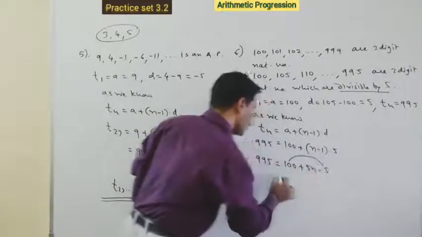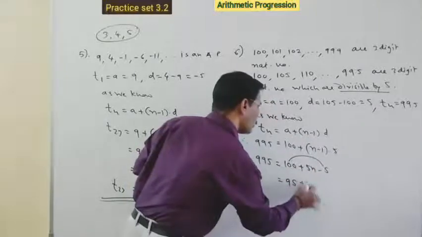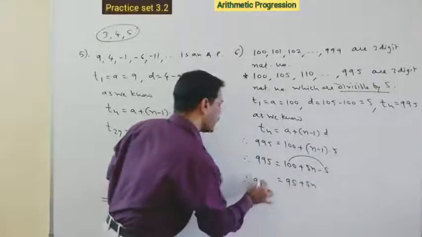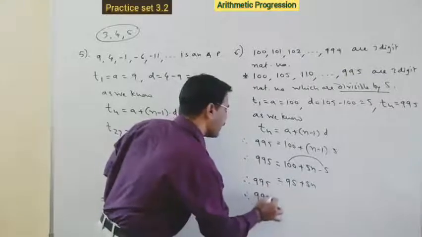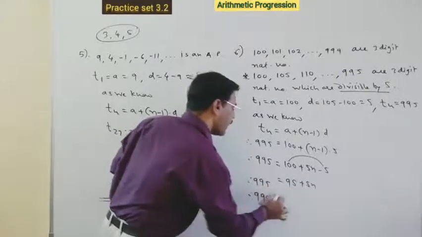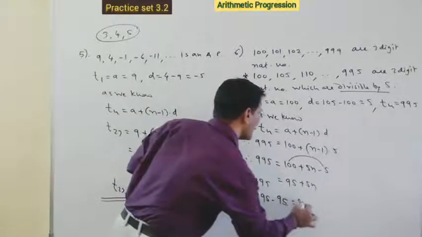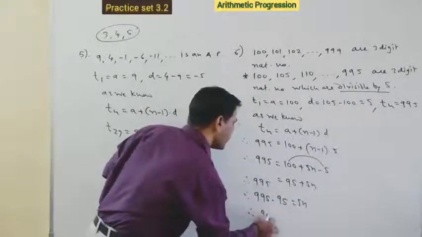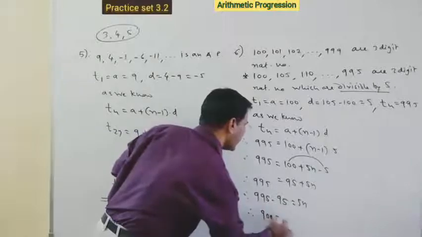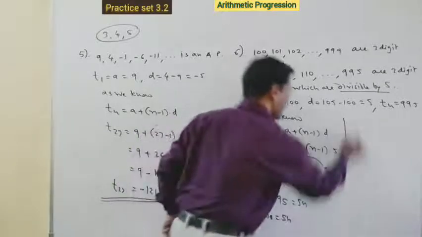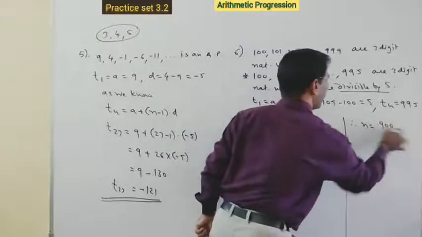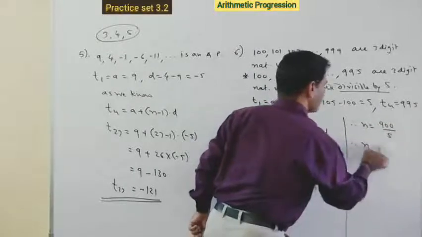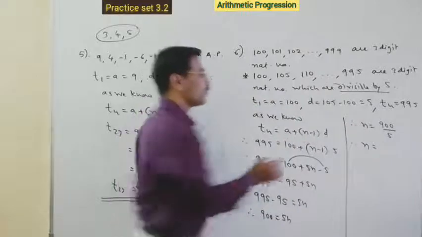Now these two, 100 minus 5, is 95. So 995 equals 95 plus 5n. Now take that 95 to this side. 995 minus 95 is equal to 5n. Here it is 900, equal to 5n. Means we can say n is equal to 900 upon 5.